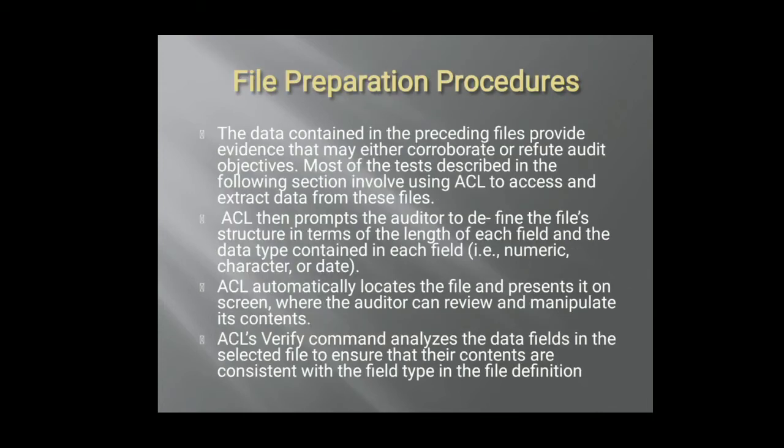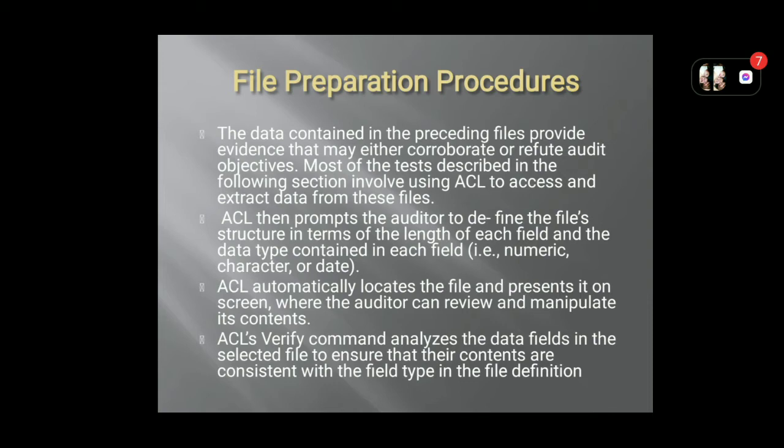Next, file preparation procedures. The data contained in the preceding files provide evidence that may either corroborate or refute audit objectives. Most of the time in the following section involves using ACL to assess and extract data from these files.